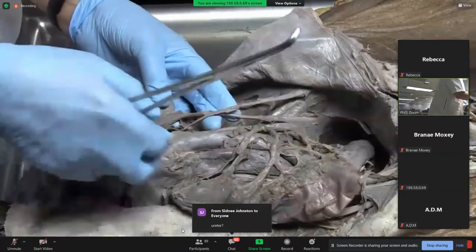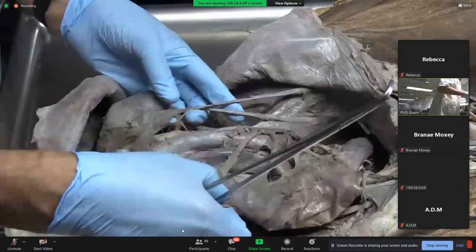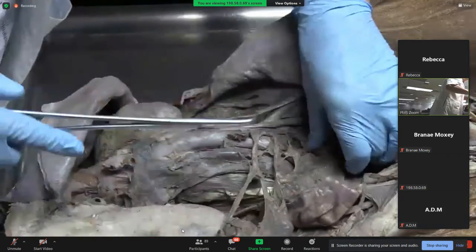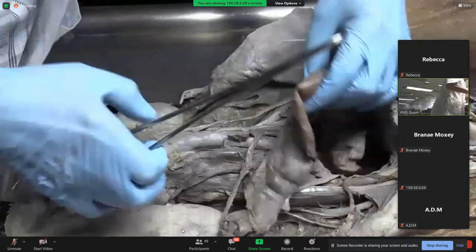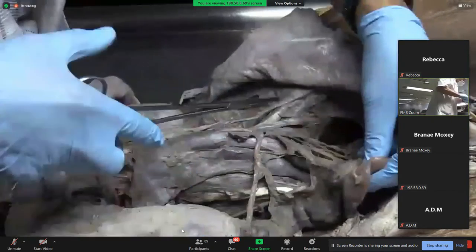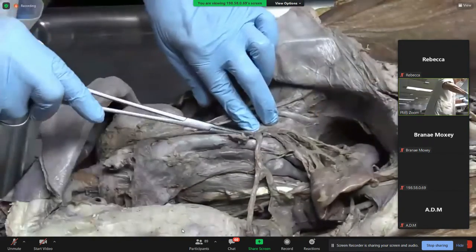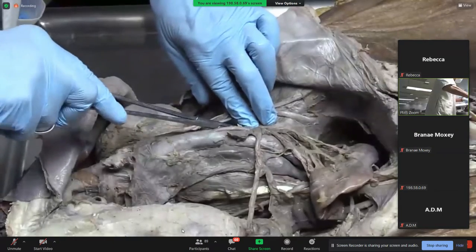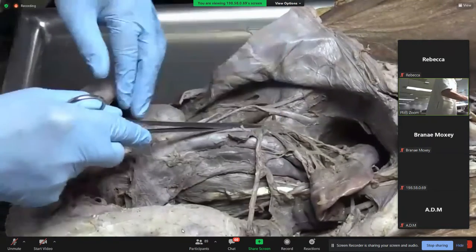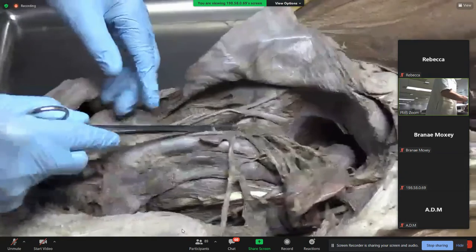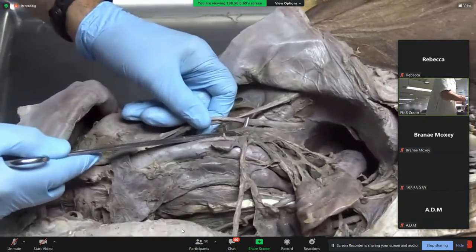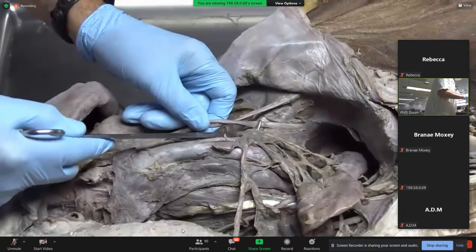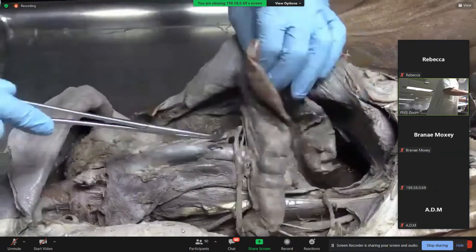All right, now let me see if I can show you the inferior mesenteric vein that runs between the superior mesenteric artery here. All right, okay? Here it is. Inferior mesenteric vein, right, okay? Coming up, between the ureter here and the superior artery.